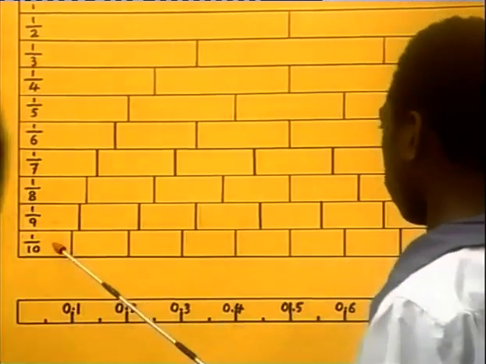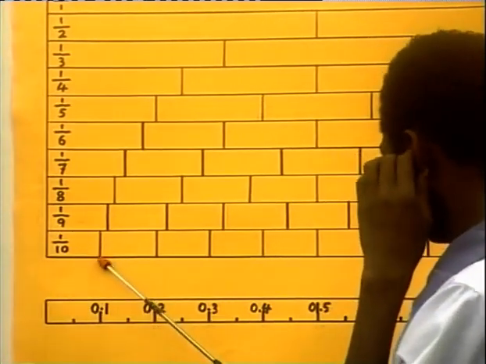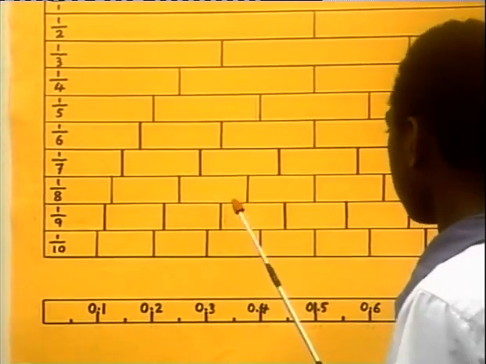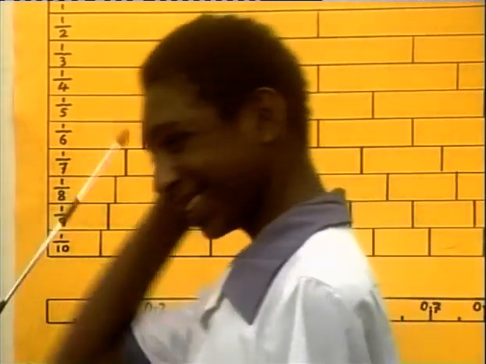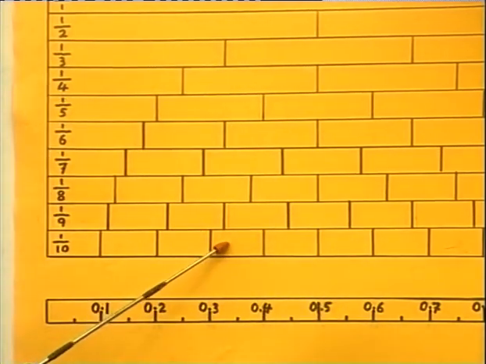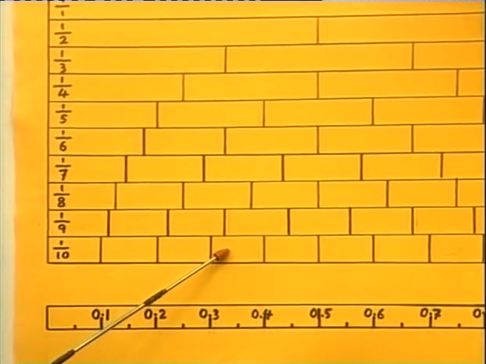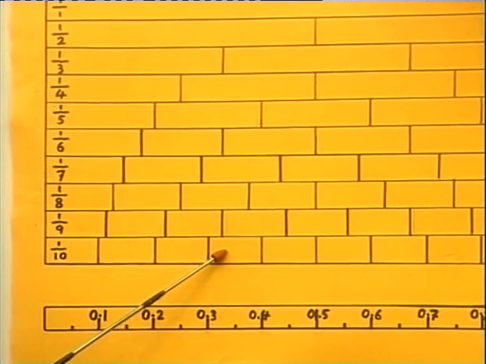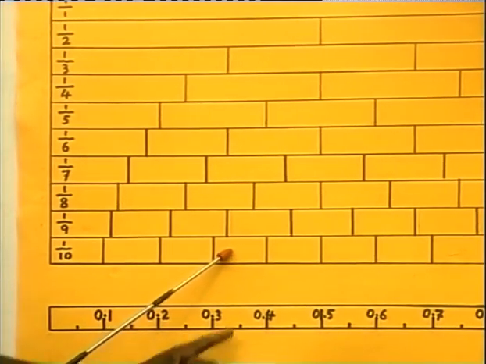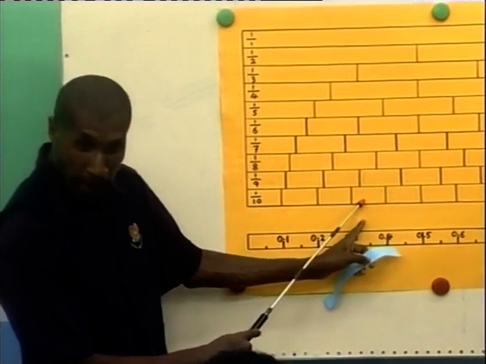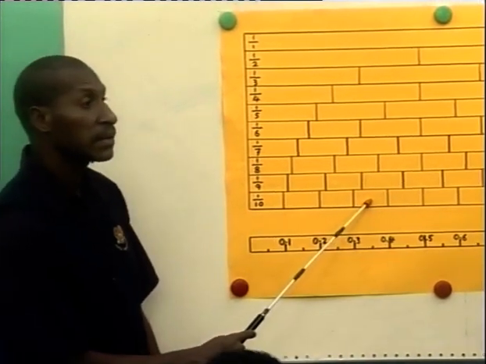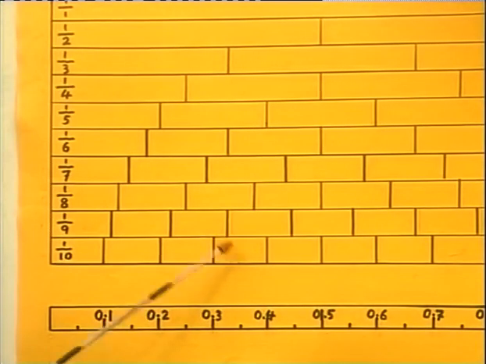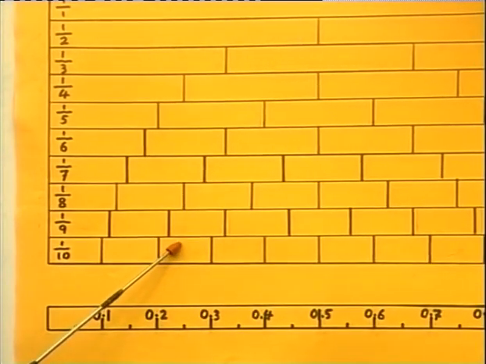Okay, you point. Class, Habi says this one. Is he correct? Thank you, Habi. Very good. Good try. But this is not 3/10. What is this, class? 4/10. So this will be 3/10.